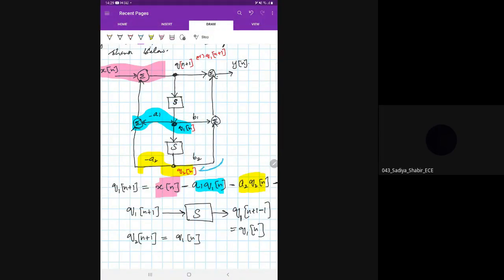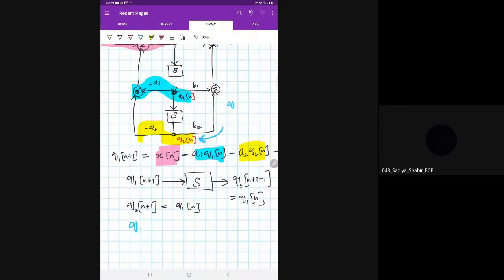Okay, ये जो है यहाँ पे ये point, it is q2 of n. ठीक है, इसको जब आपने shift किया होगा, तो I'll write down here. See, q2 of n+1 को अगर हम shift करेंगे, so it will become q2 of n. ठीक है, q2 n+1 को जब shift operation करेंगे, it will become q2 of n.